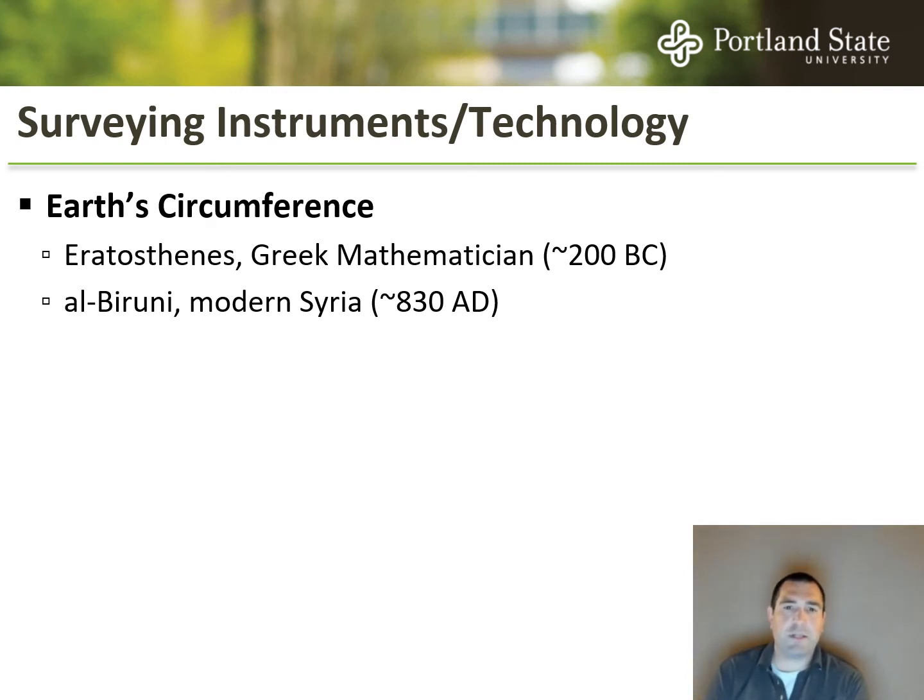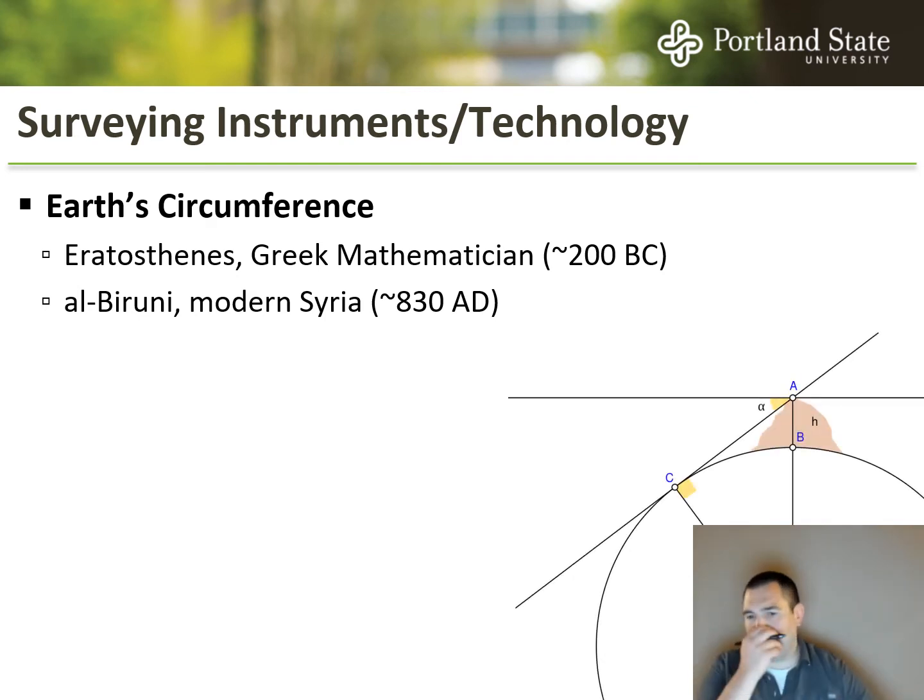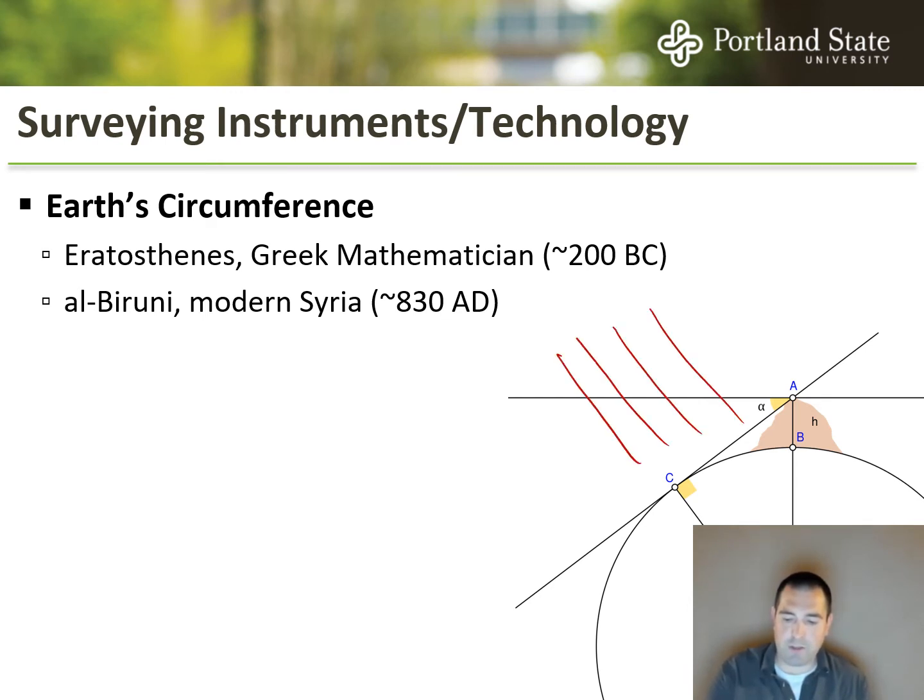In modern Syria, in the ancient Middle East, about 1,000 years later, there was a leader who started a study to try to revisit that idea. Basically, it's what I was talking about: assuming that the rays from the sun are all parallel, and using that with known distances across the length of the Earth, people were able to figure out the approximate radius of the Earth within a couple of percent, which is pretty impressive even back then.